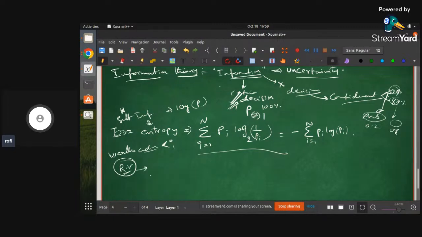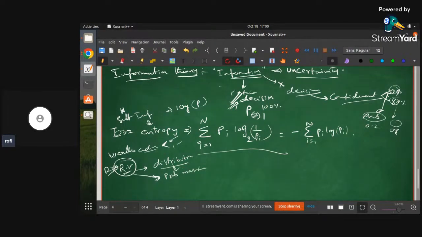As soon as we say random variable, from your basic probability theory you should know that every random variable has a distribution. In this case, it is a discrete random variable because the outcomes are discrete, 0 and 1, whether yes or no. The characteristic of a discrete random variable is given by its probability mass function.